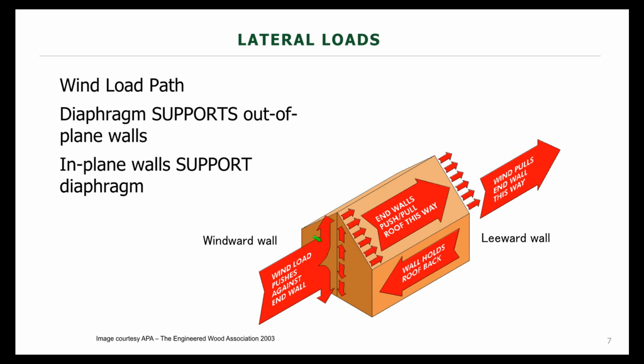So that means the walls that are running kind of in this left to right direction, if you will. The in-plane walls are what are supporting the diaphragm. So that would be the walls that are oriented parallel to the direction of the wind. And obviously, we have windward pressures, and typically we develop suction on the leeward side of the structure.